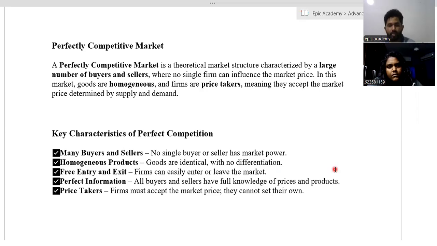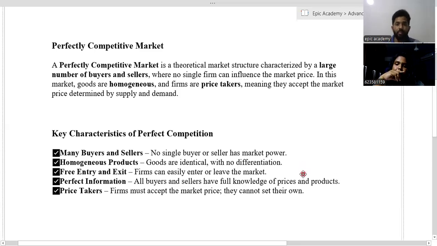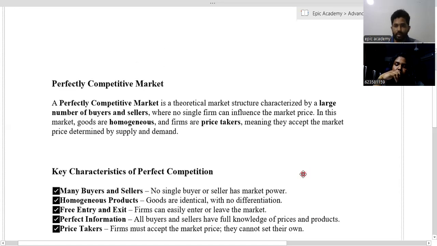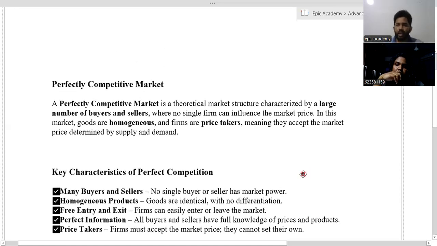Right. After you identify this section, you can identify the real behavior of the market during any kind of period, short run or long run, anytime. So we are going to identify the perfect competitive market structure. The perfect competitive market structure is a theoretical market structure characterized by a large number of buyers and a large number of sellers.